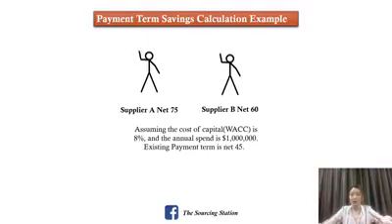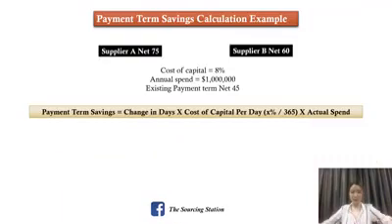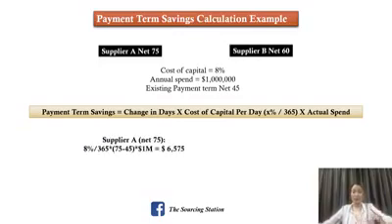So, who will you award to? It is pretty straightforward, right? Supplier A. But let's do a calculation to see what is the actual dollars and cents benefit here. Using the same formula, let's see what benefit supplier A brings to us. 8% of WACC divided by 365 days times the difference of payment term, 75 minus 45, and multiply with the project value, supplier A will give you this much of savings.